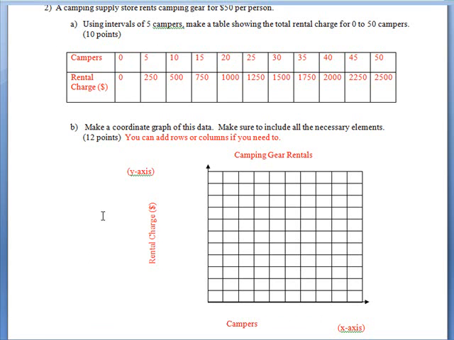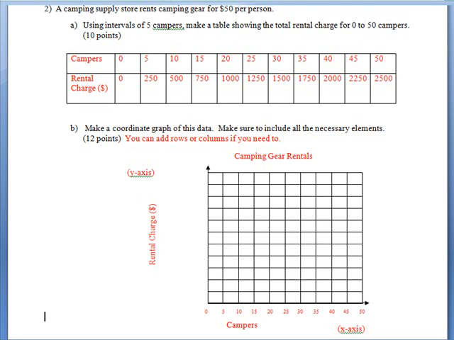And another good practice is to shoot for about 10 intervals or close to it, and we've got about 10 intervals here. Now we got to do the y-scale for the rental charge variable. Here we got lucky because they're going up by the same number every time. They're going up by 250. So because they're going up by even numbers, we can put these as our set of intervals.